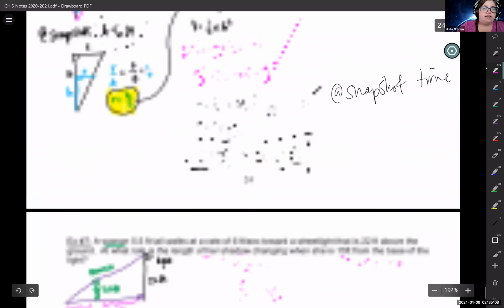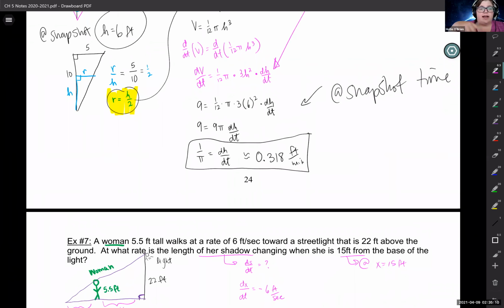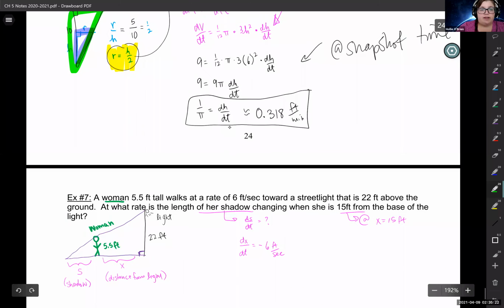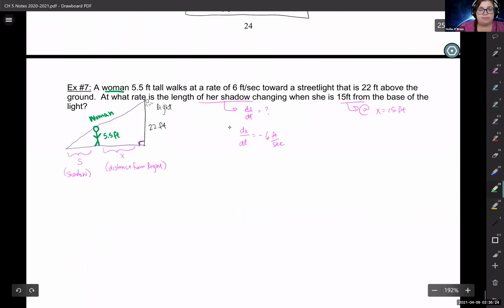We used related triangles to have a ratio, comparing a small triangle to the big triangle. That's exactly what we're going to do down here. We're using similar triangles.